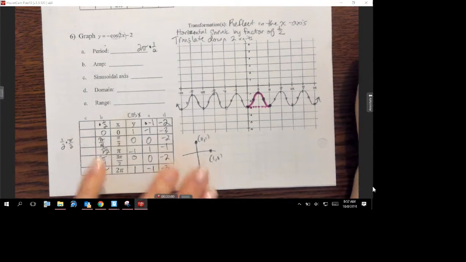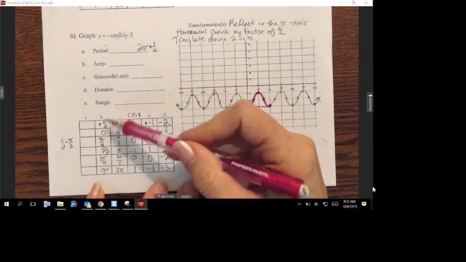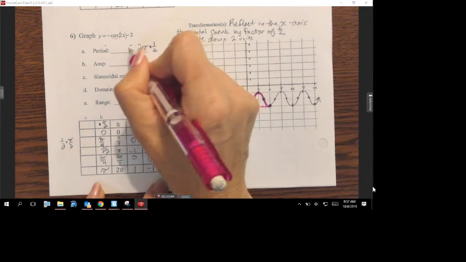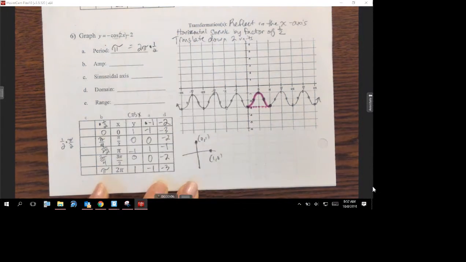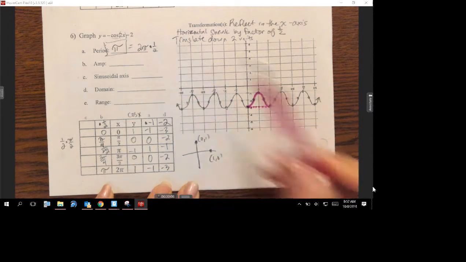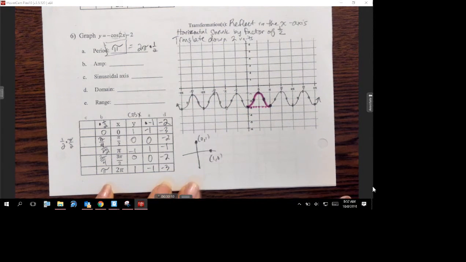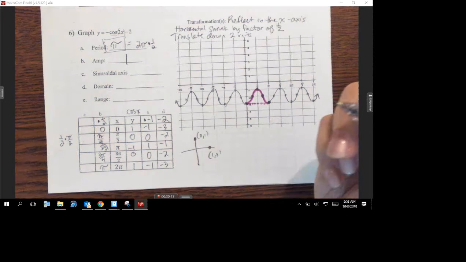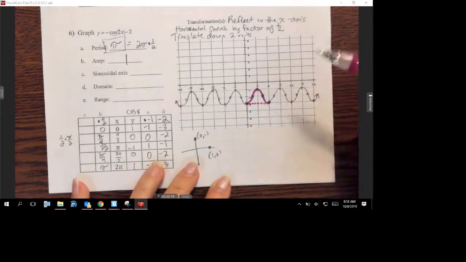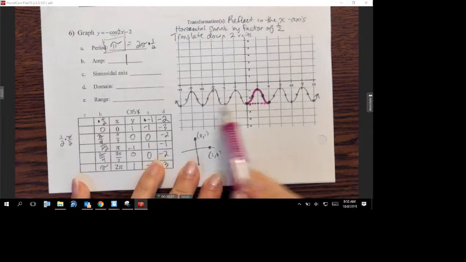So if I multiply that by a half, just like I did the x values up here, then my period would be pi long. The amplitude is the vertical stretch or shrink, which there is just one. The vertical stretch or shrink is 1, or how high above and below the midline it was.